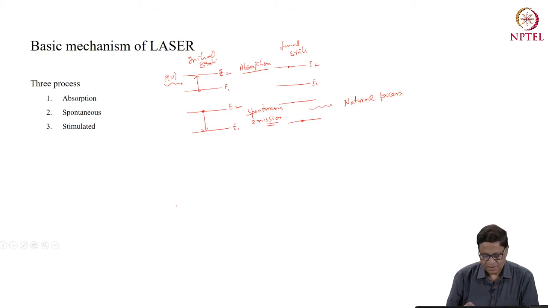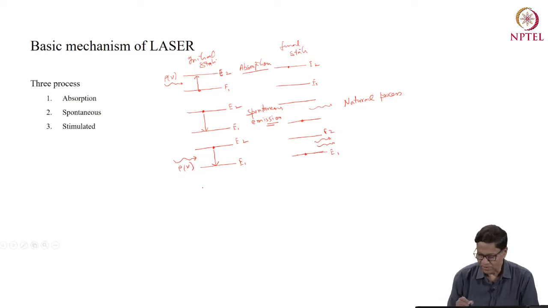The third process is stimulated. So what happens in stimulated? Again, let us consider a two-level system, E1 and E2. If the light flux density rho nu falls onto this matter, then the electron from here is actually forced to come down to the lower energy state, and in the process it is emitting more photons.